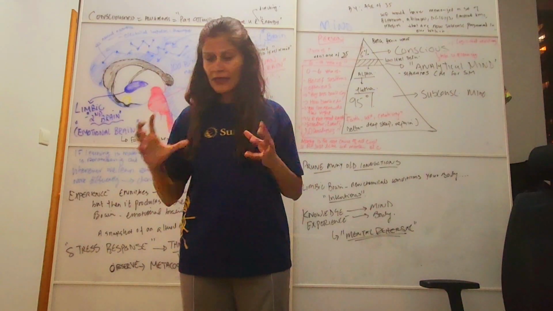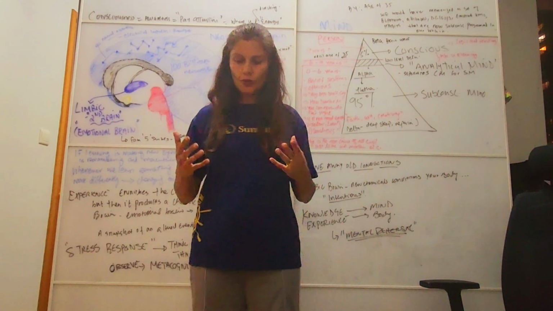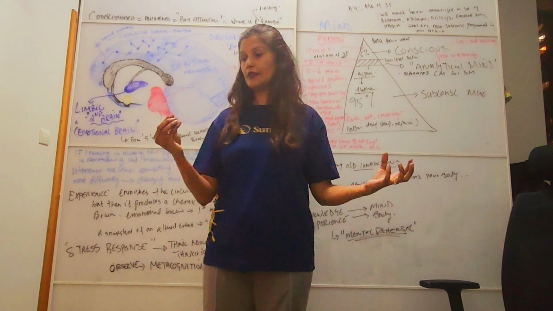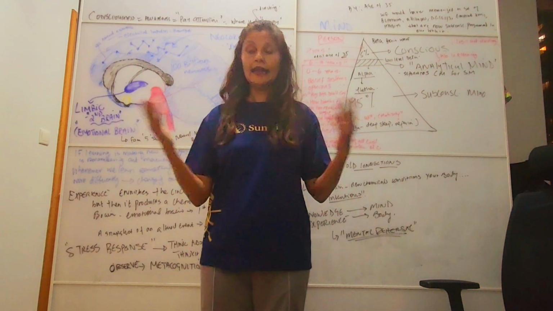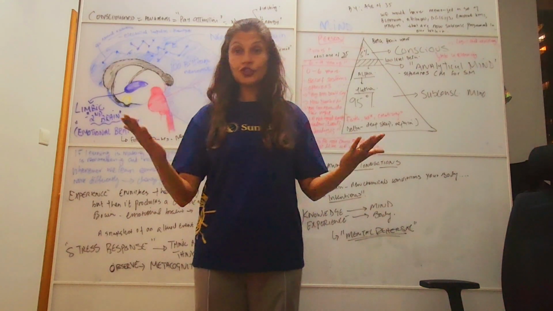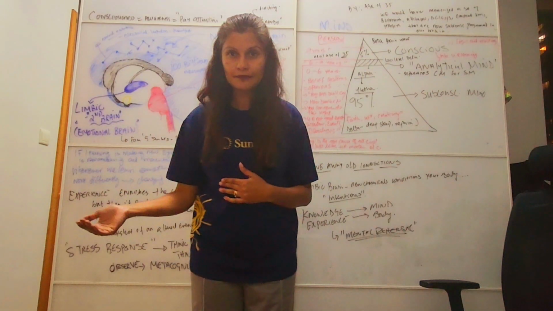Okay? Now, how does this information help us? Well, supposing in my old reality, I am tired of fighting with my ex, all right? Because I was engaged to my ex and then he cheated on me with my best friend.